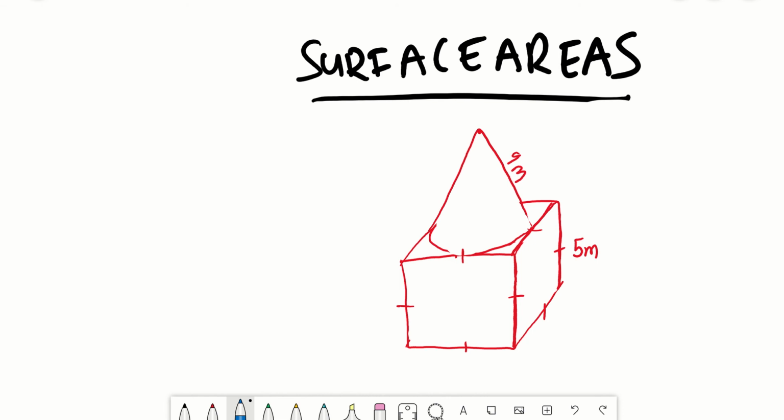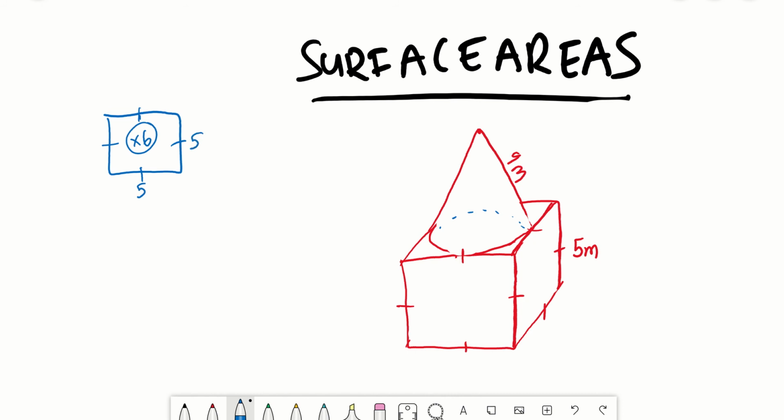Cubes have 6 sides, but one of the sides has that big cone sitting on it, which means I've only got 5. Well, no, let's think of it as 6 for now. We just have to keep in mind the cutout from where the cone is sitting on top of it. So there's 6 of them, and they've got dimensions 5 by 5. So that's the first thing.